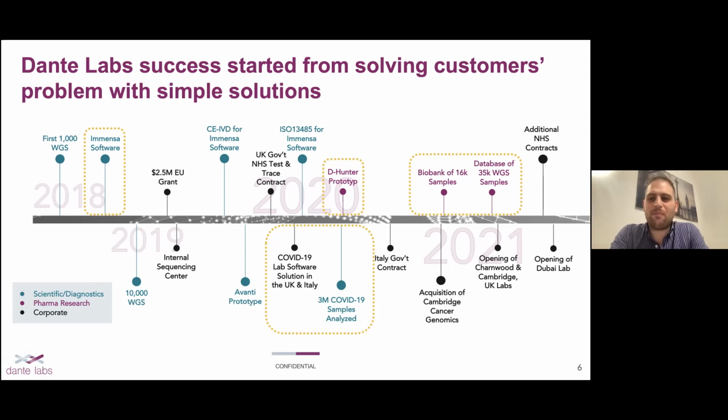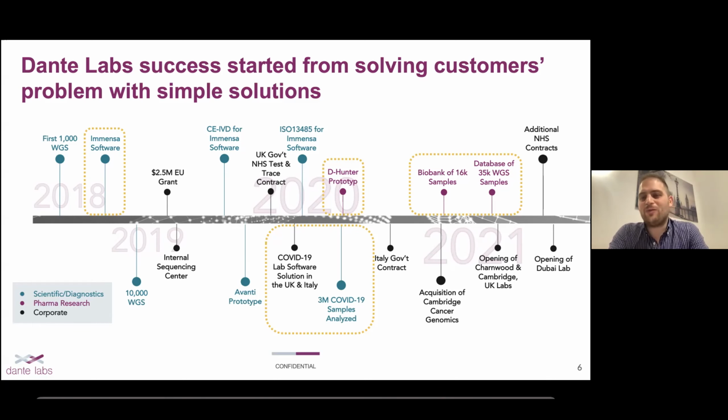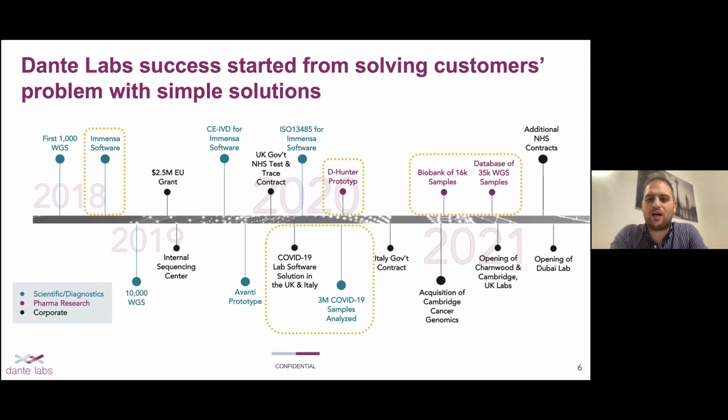And we realized that at some point, we had resolved the issue of the interpretation of the data with our Immensa software. We were convinced that we would not have problems with the wet lab analysis of the samples by partnering with our partners worldwide, but it was not like that. When we sent 10,000 samples to our partners for whole genome sequencing, we realized it was a huge bottleneck, because the world was not ready to accept consumer genomics for those types of tests.